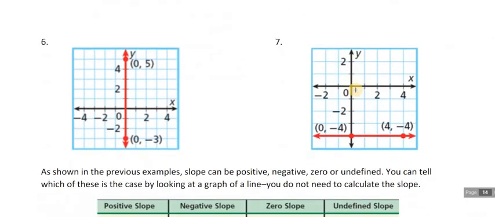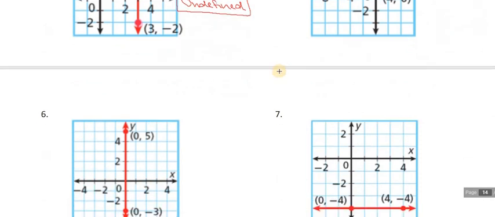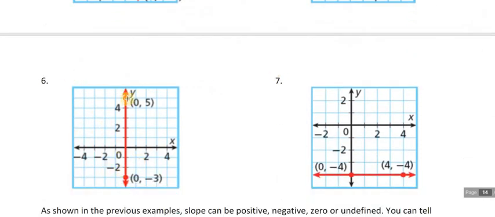All right, now using 4 and 5 for number 6 and 7, 6 we have a vertical line. So this slope is undefined. Okay, we're rising, but we're not running at all.